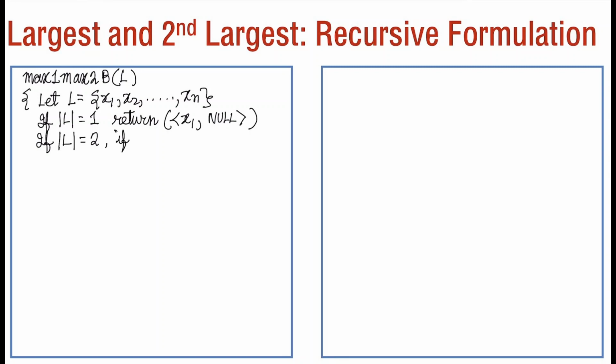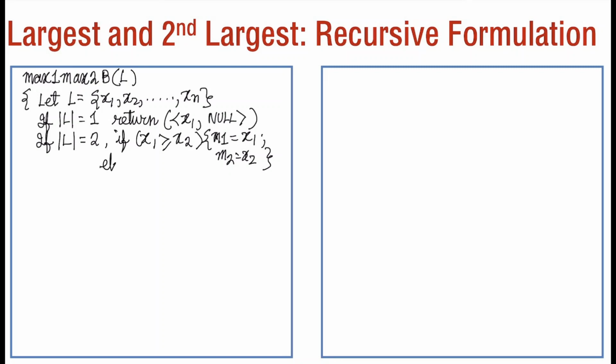There we do: if x1 is greater than or equal to x2, then we have m1 equal to x1 and m2 equal to x2.